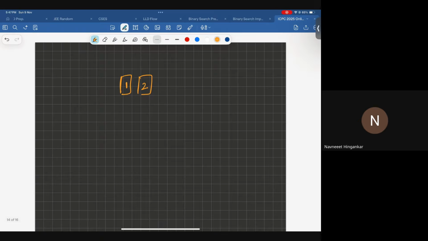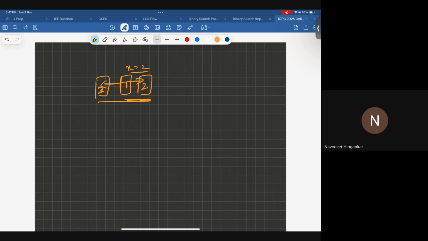I need to go from 1 to 2, so my key should be at least x equal to 2 to go from 1 to 2. After that, I could also go towards 3. But the thing is, this 3 and 2 are my sites to move towards, right? So my x should be at 2.